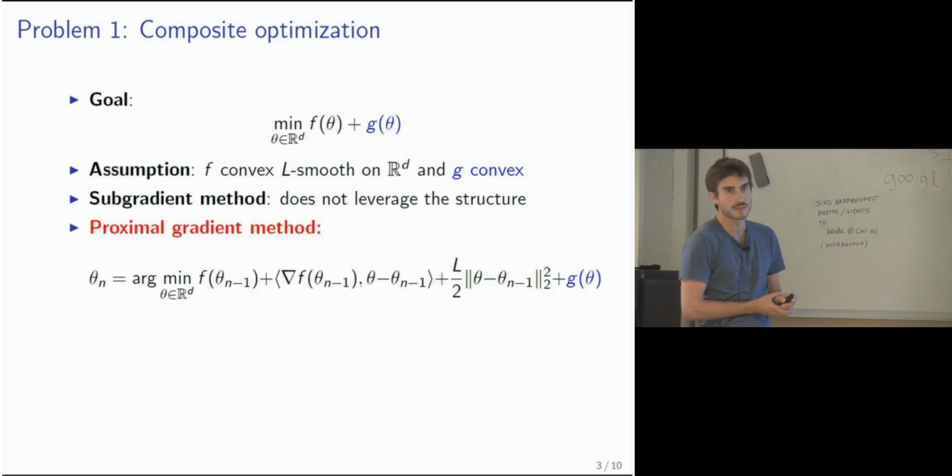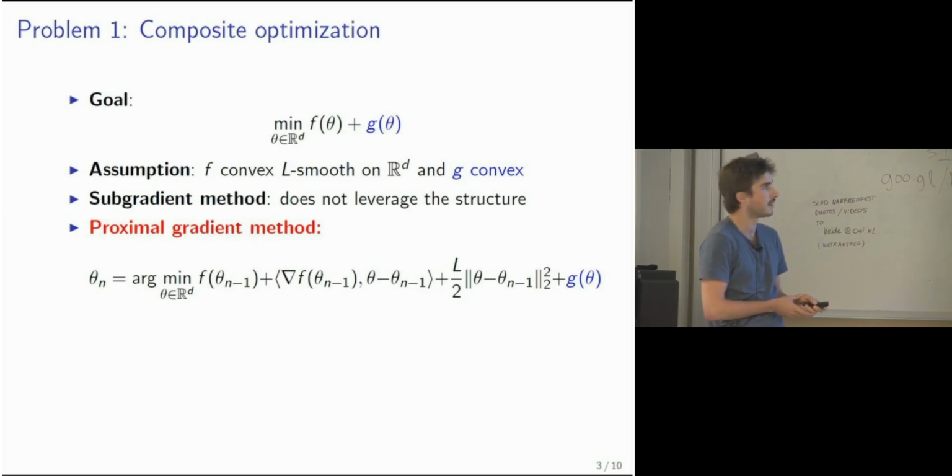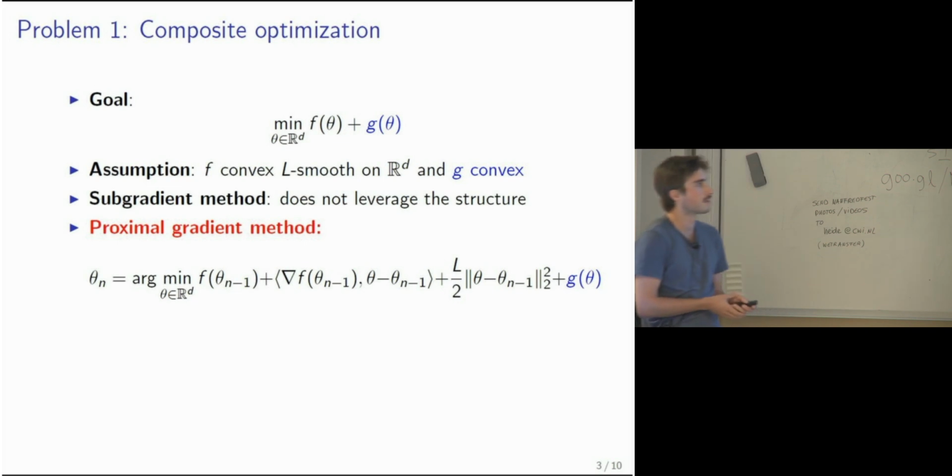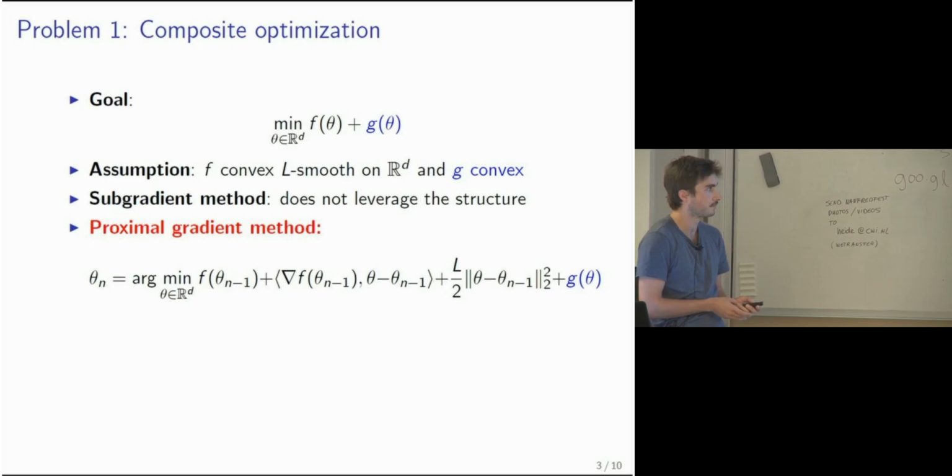So instead, we can use proximal gradient descent, where the smoothness of f will be used, and the next iterate will be the minimization of the second order quadratic upper bound of the smooth function f plus the function g. This algorithm is only practical if we know how to solve this problem in closed form.